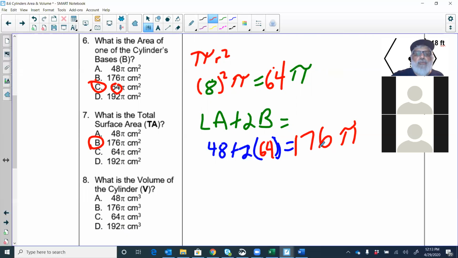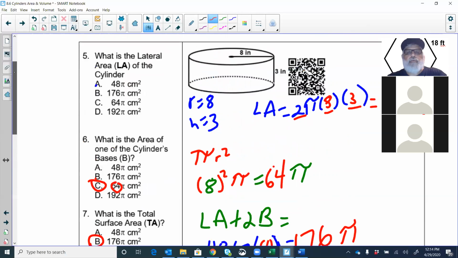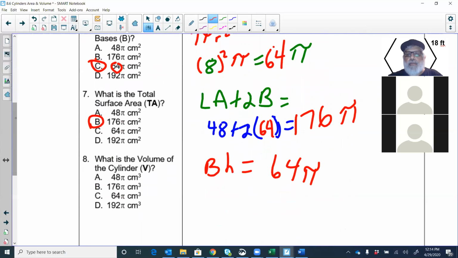And then the volume is the area of the base, which we got on number 6. So number 6, it should be 64 pi times the height. The height is, shoot, I don't remember, 3. Remember, don't do the pi. The pi is part of the answer.